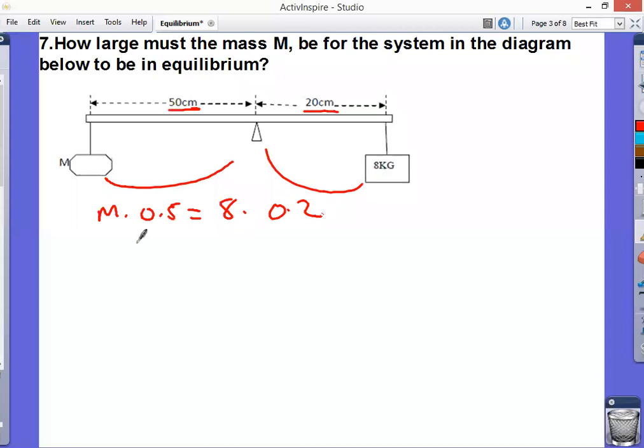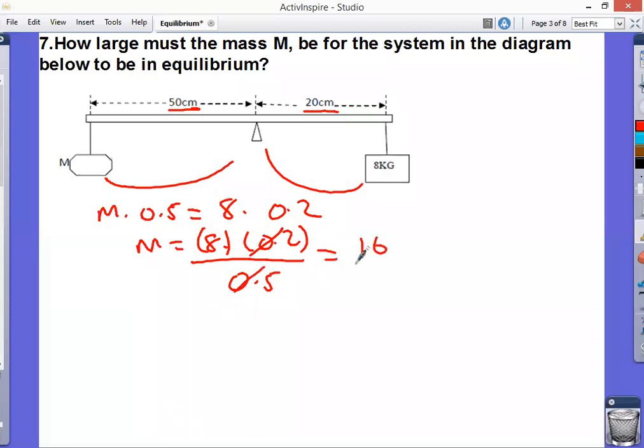Okay, so when you do this, you're going to find the m. 8 times 0.2 over 0.5. Since both of them have one decimal place, they're going to simplify themselves.